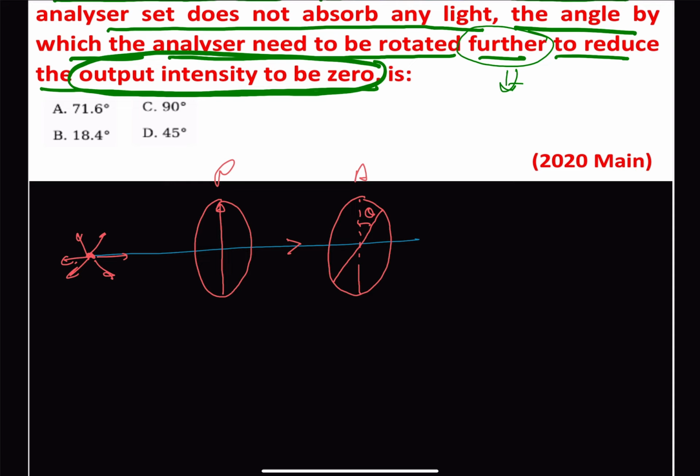So we can write that our I will be equal to our I naught cos square of theta. Okay, so this is the intensity output of the analyzer, and here our I naught is our maximum intensity. And it says that we only get 10% of the intensity as the output.